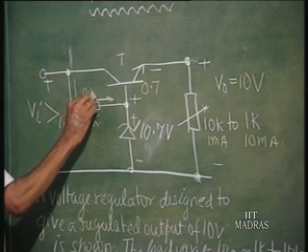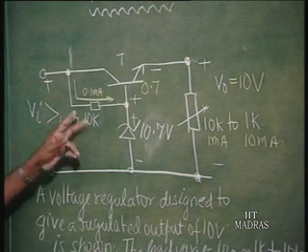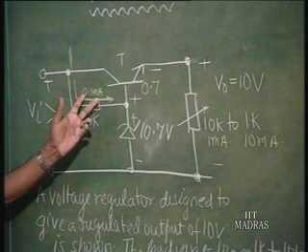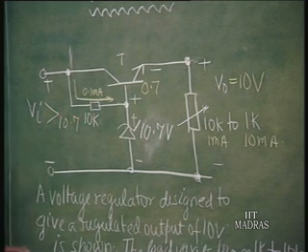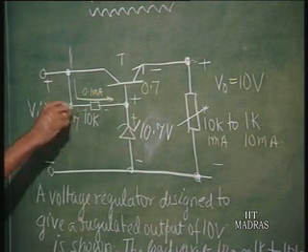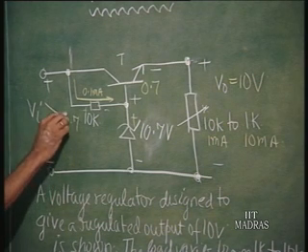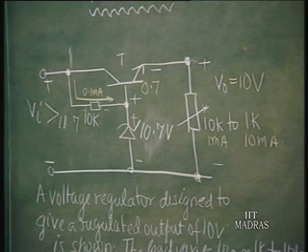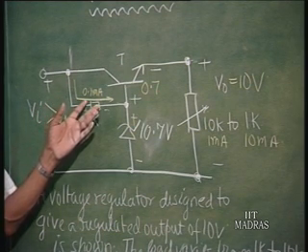So, this 10K into 0.1 milliampere will give you a drop of 1 volt. Right. So, 1 volt drop here, 10.7 plus 1. So, this should be greater than 11.7.